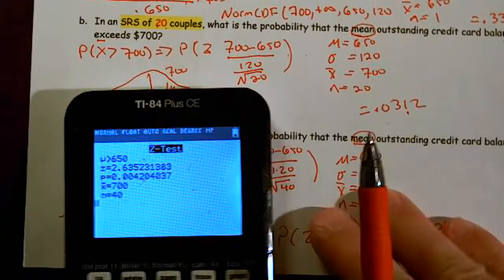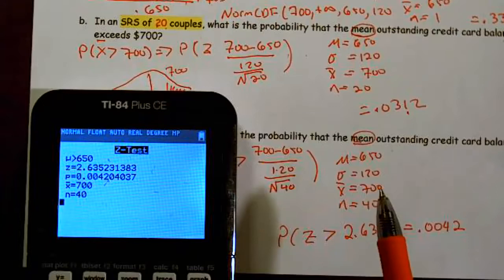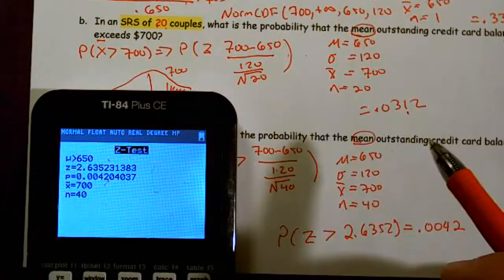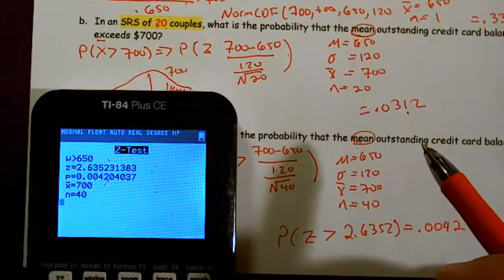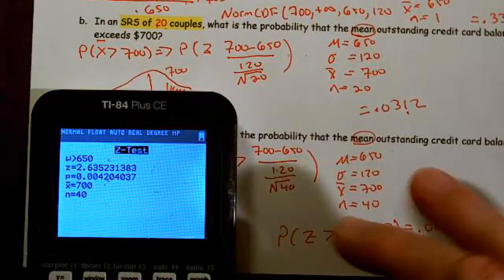However, if the underlying population is not normal, and we're talking about the means, or the X bars, or the averages, and we have a group, if n is greater than 30, then we can use it. So n greater than 30, we can use for anything, as long as we're talking about the means, or if the underlying population is normal.